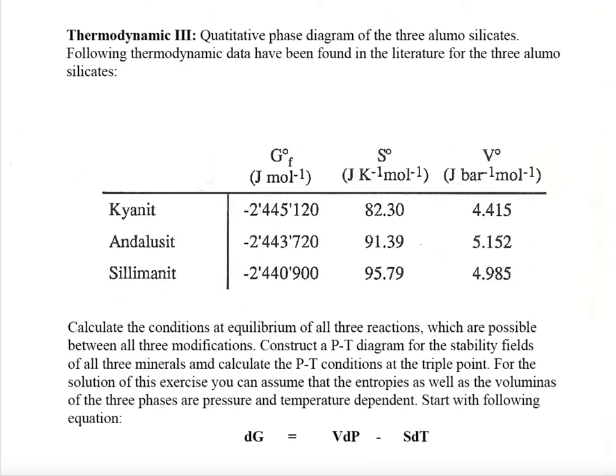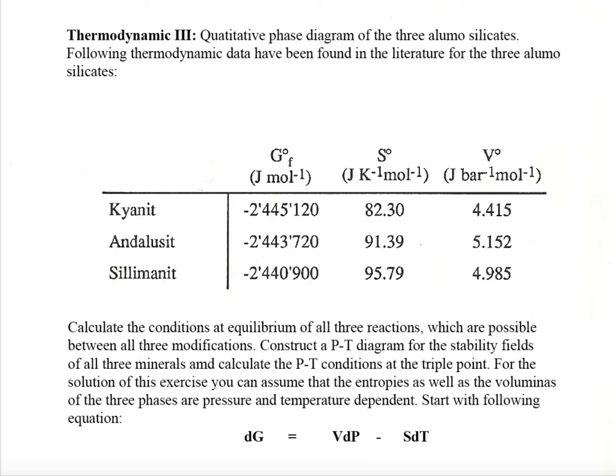So what should you do? Calculate the conditions at equilibrium of all 3 reactions which are possible between the 3 modifications. Construct a PT diagram for the stability fields of all 3 minerals, and calculate the PT conditions at the triple point.